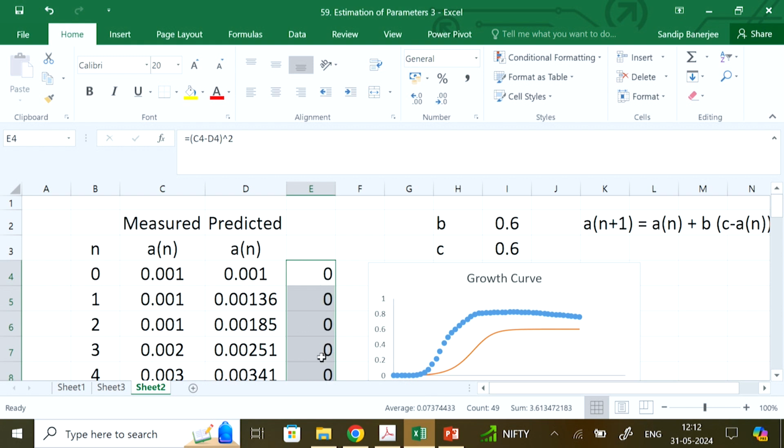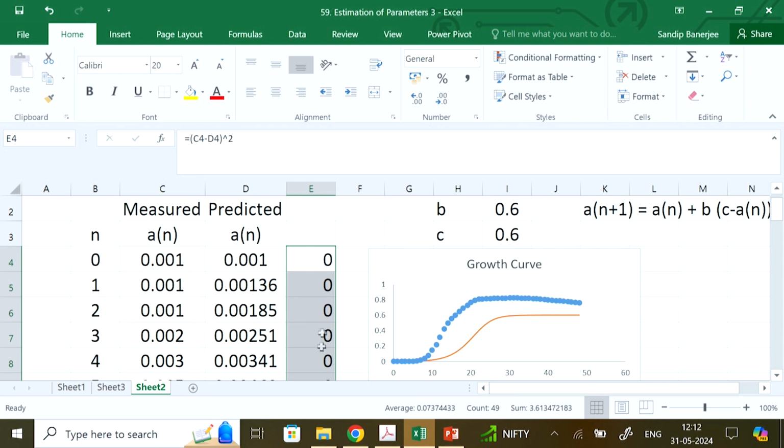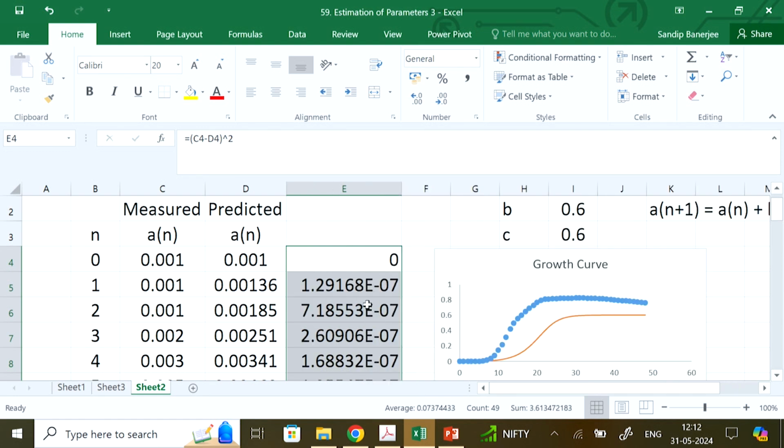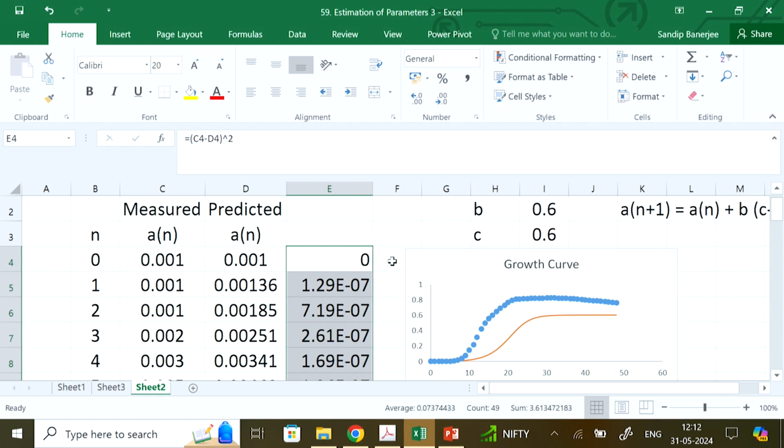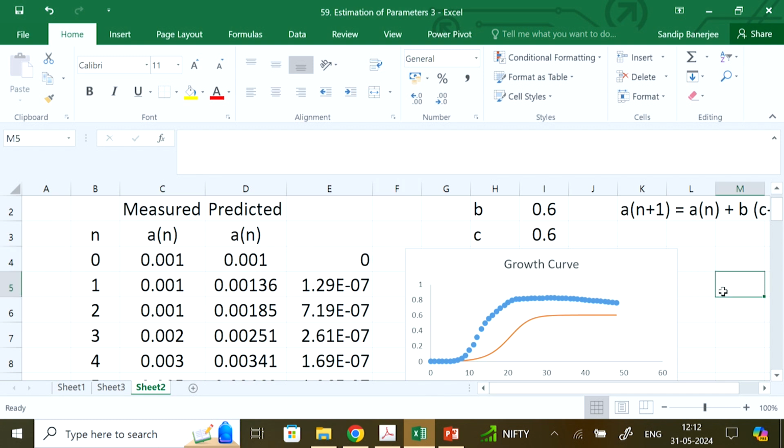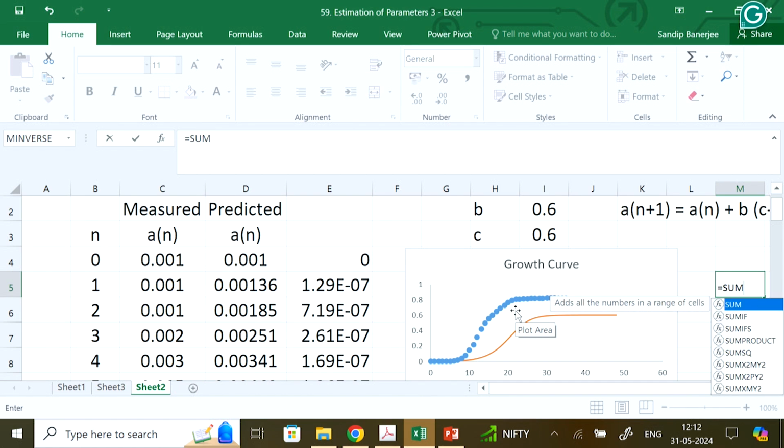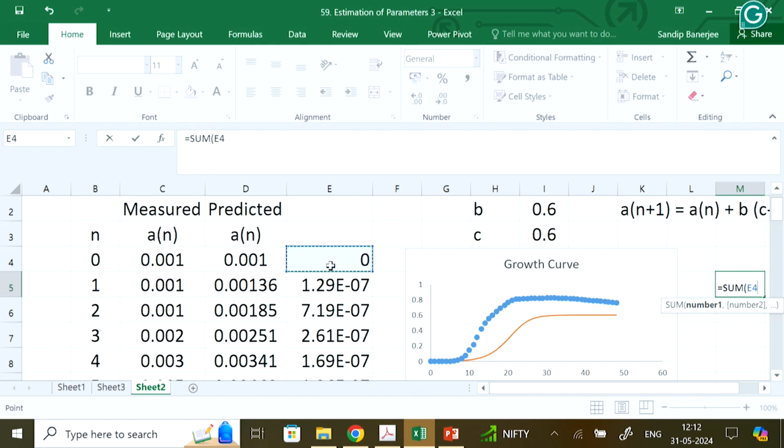Sometimes if suddenly this comes, don't panic. What happens is that you just double click and you get the rest of the values here. If they're quite small, the values are approximated to certain decimal places. Now I have to get the sum. So this is equal to the sum of the squares.